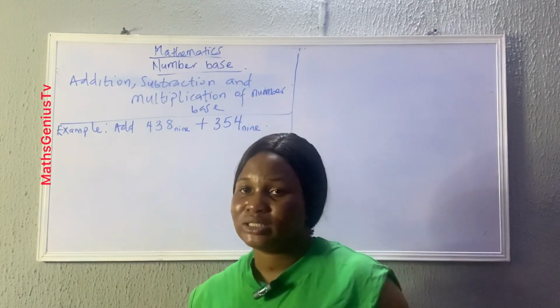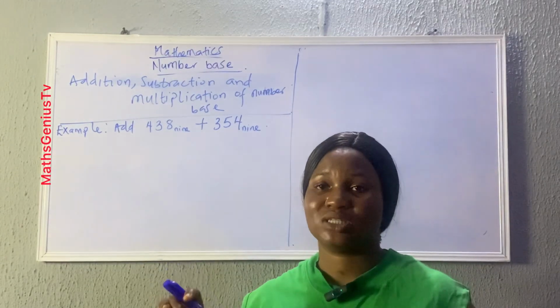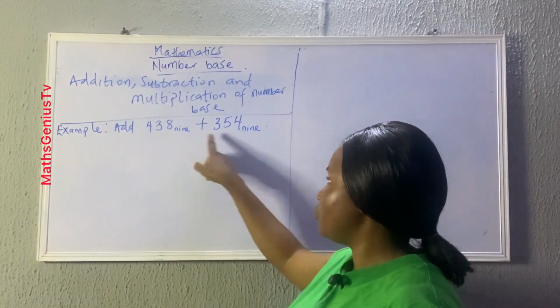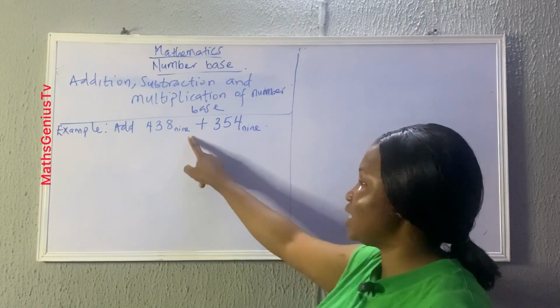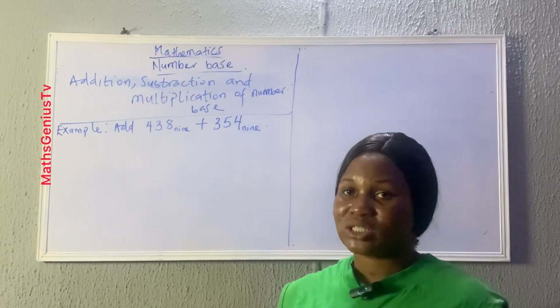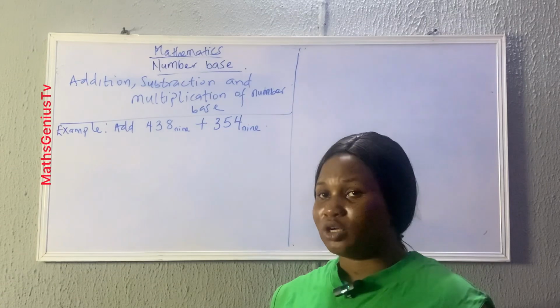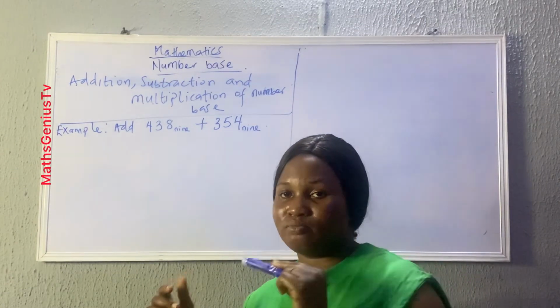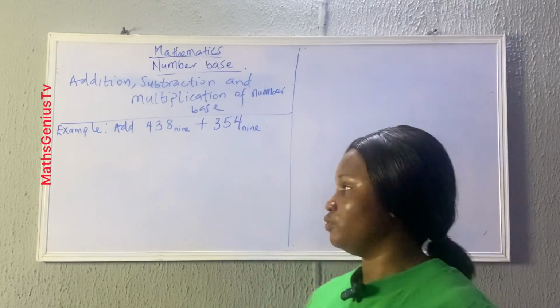Whenever we are adding in number base, the two bases must be the same. That is, before you can add, they must both be in base 9. They must have an equal base. If they do not have an equal base, you have to convert them to base 10, solve in base 10, and return it to the required base you are asked to solve with.